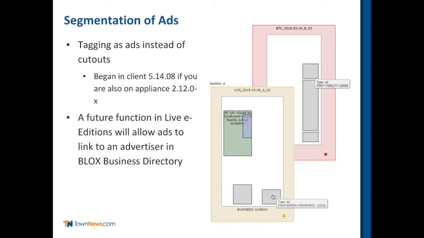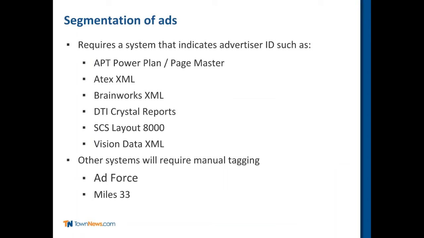So the next slide here simply describes the ad systems that we support and the ones that have automatic tagging. These are just in alphabetical order: APT, PowerPlan, and PageMaster. We now support a version of ATEX format. We support Brainworks, and we have a special output from a site that uses CGI.